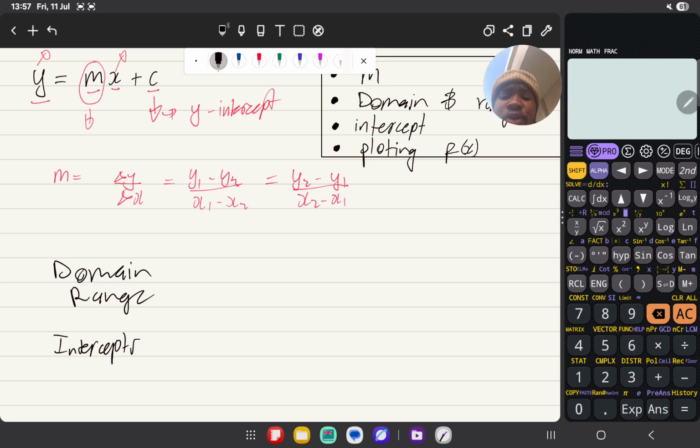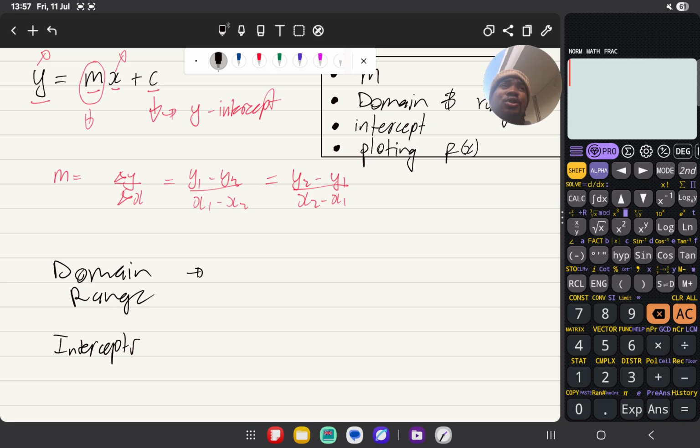So for the domain, we are saying which x values our function is defined on, or which x values are the valid x values for our function. Because there are certain times you will see with other graphs, there are x values that can never be part of the function, and y values that can never be part of the function. We'll get to it.